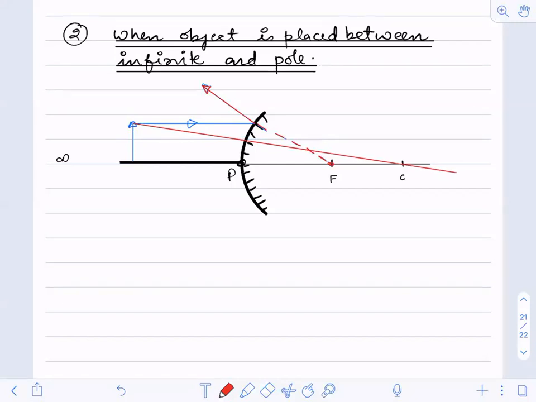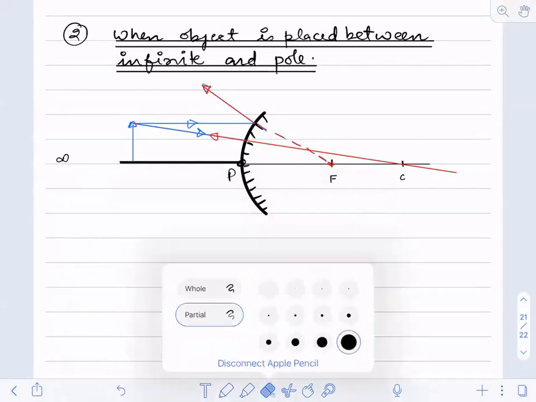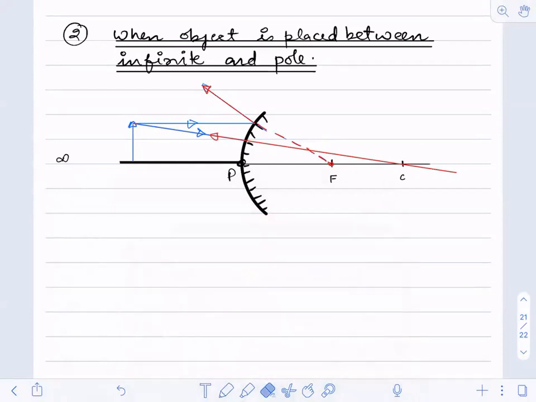This is the incident ray, and this will be the only reflected ray, but it appears that it is coming from the center of curvature.